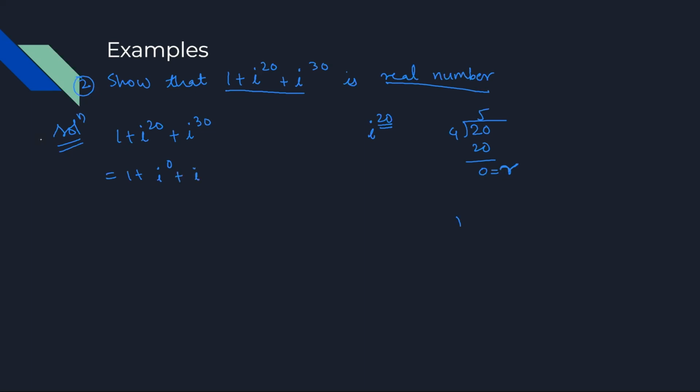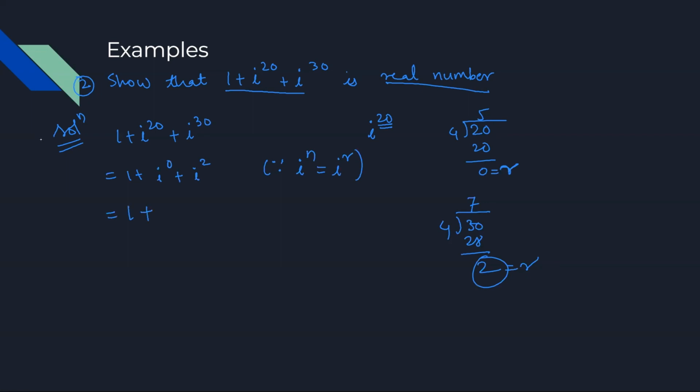Now if we divide 30 by 4, the quotient is 7 and the remainder is 2. So this is r. So i raised to 30 can be written as i raised to power 2. And the reason is i raised to power n equals i raised to power r.